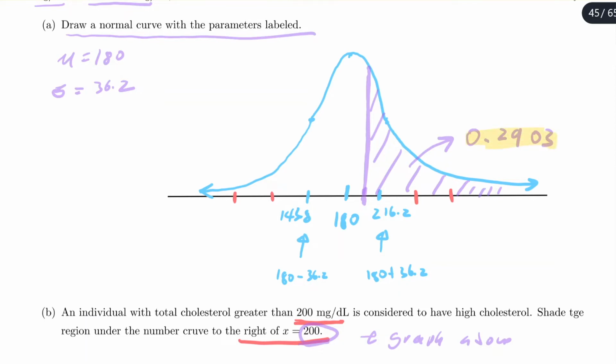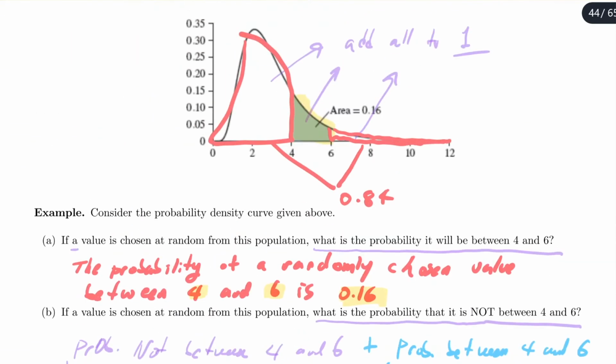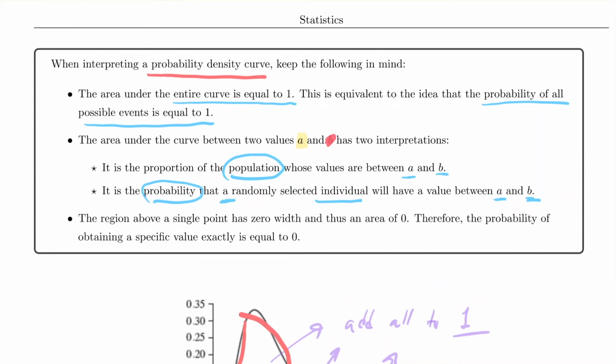I gave you two interpretations earlier between A and B, but this also works for less than a number or greater than a number. So proportion less than number, proportion greater than number, probability greater than, probability less than.